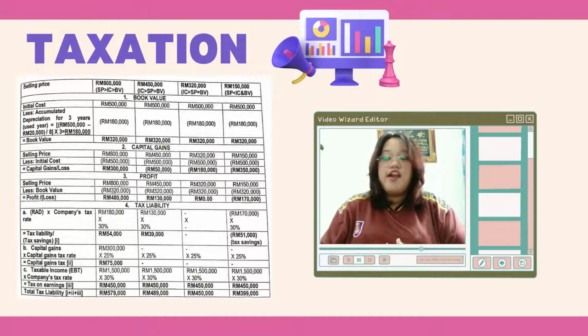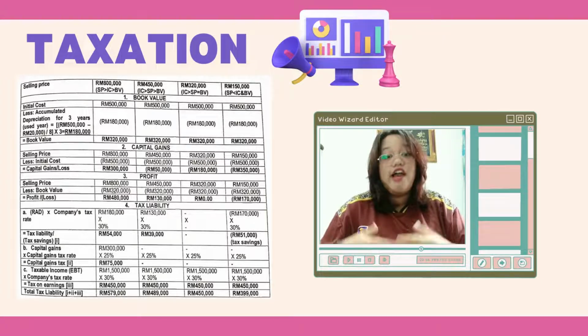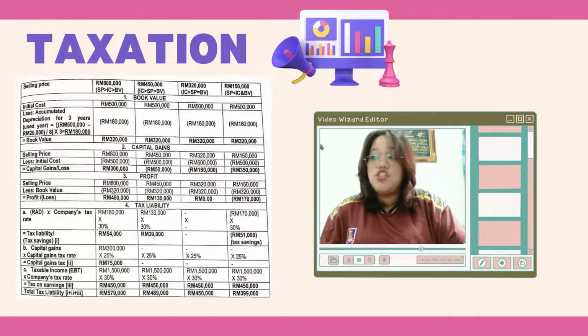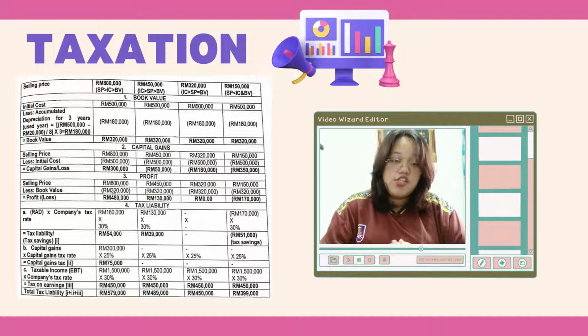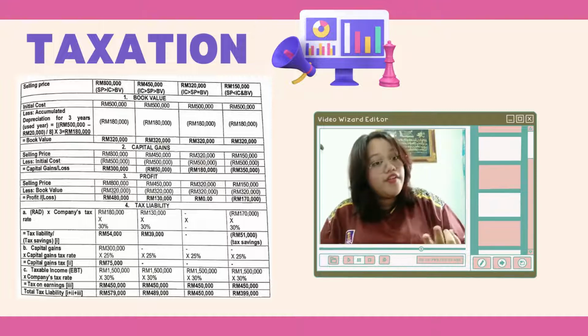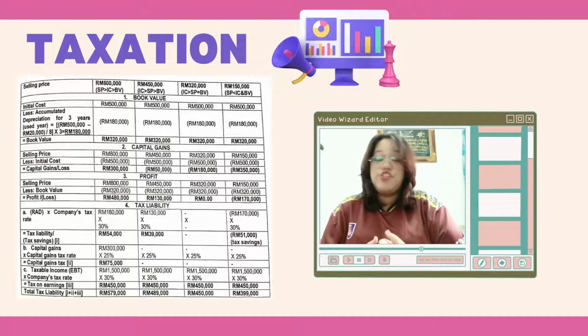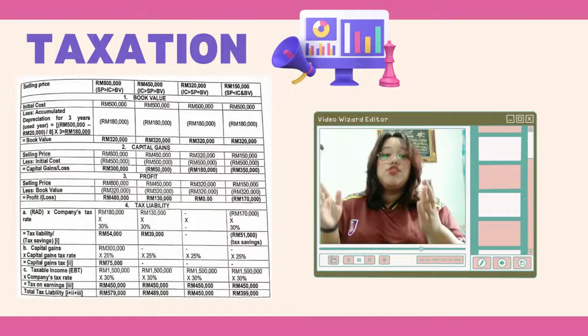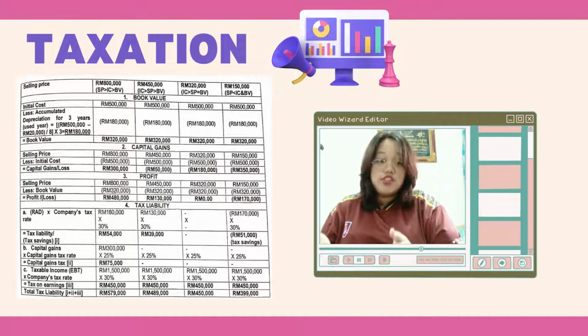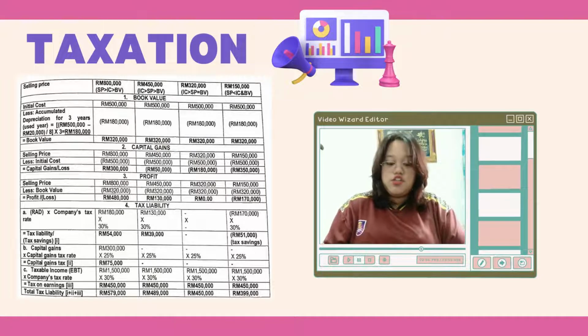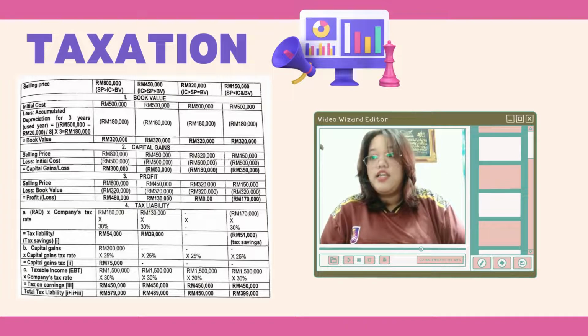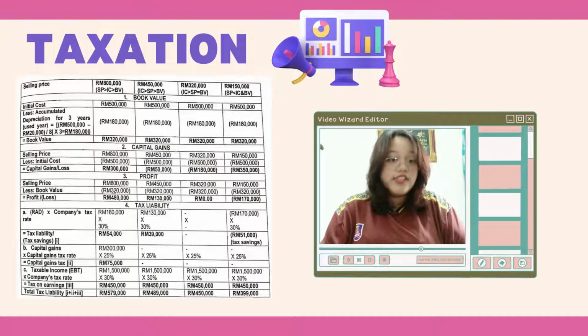First things first, you have to find the book value. In order to find the book value, you have to minus the initial cost and the accumulated depreciation for 3 years. Why 3 years? Because the company has used the old machine for 3 years, so we have to calculate the used years. The initial cost was given in the question, it is 500,000 ringgit.